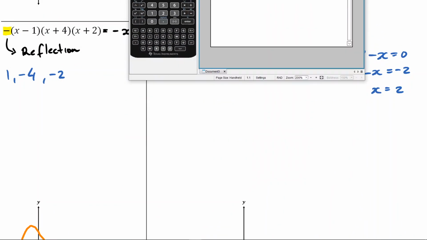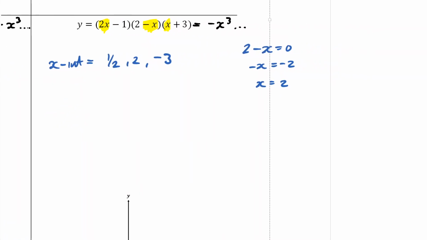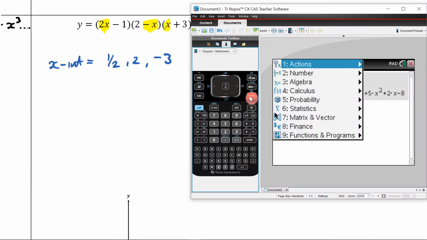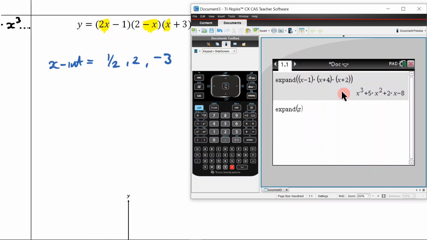Let me just quickly bring this up for a second and move this to the side a bit. If I was to expand this out, I'm actually going to end up with a -x cubed. So algebra, expand. It's going to be 2x minus 1, 2 minus x, x plus 3.